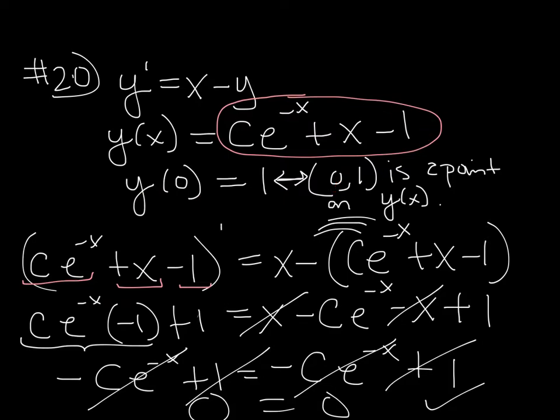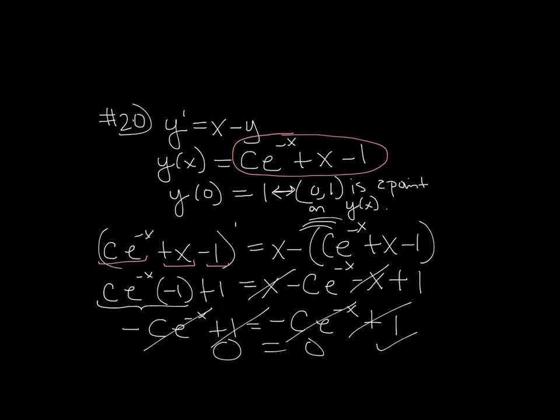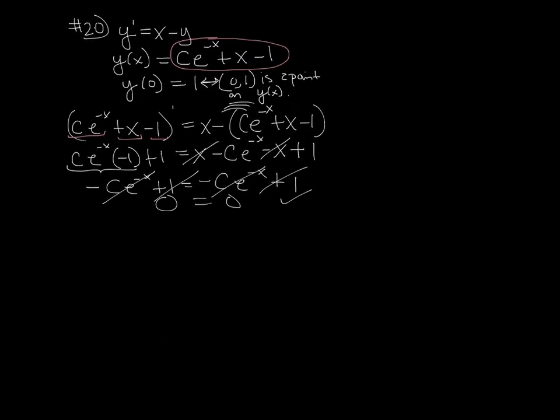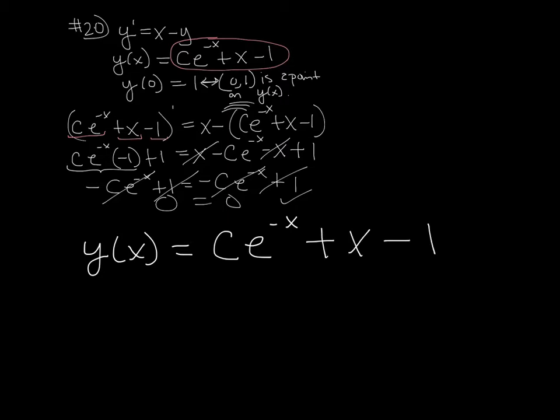So with that said, let me shrink this a little bit. I'm going to rewrite this: y of x equals c e to the negative x plus x minus 1. Use your initial condition here.